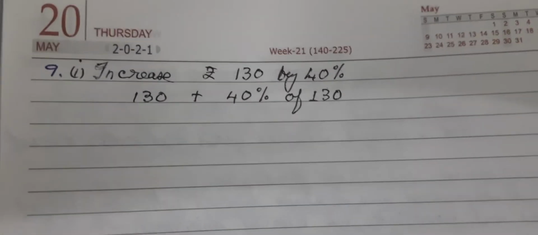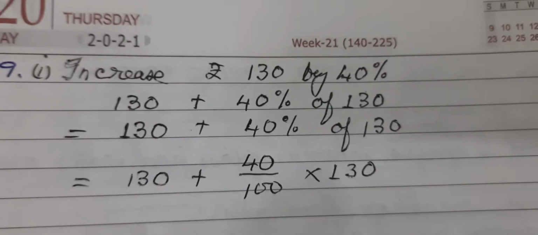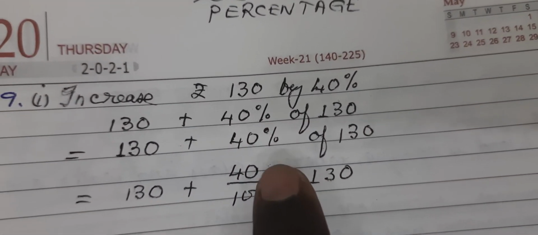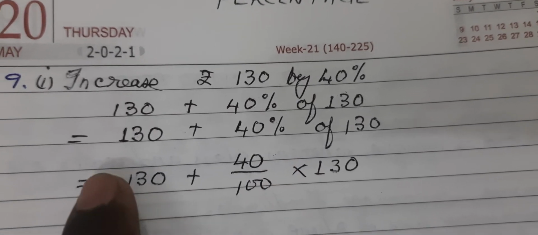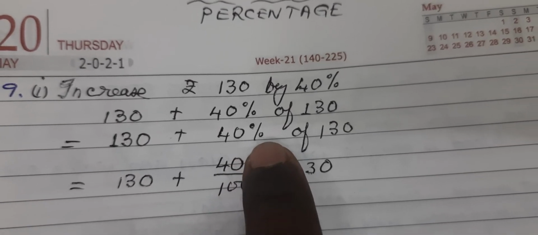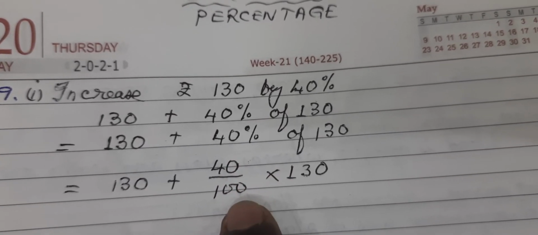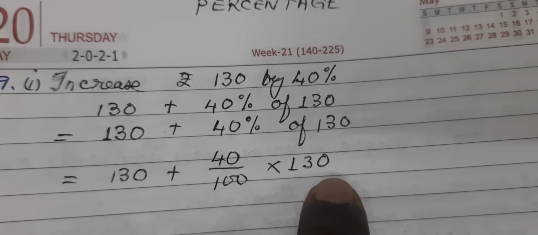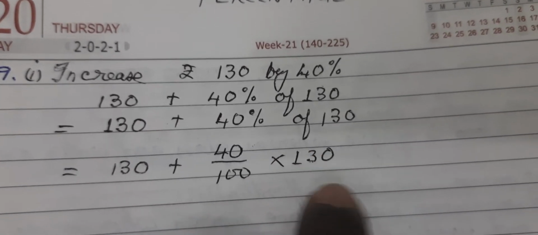So let us do that calculation. 40% of 130. 40% is 40 by 100. By removing the percentage sign, we give 100 in the denominator. Of means into, so of 130 means into 130. Now we do the cancellation.